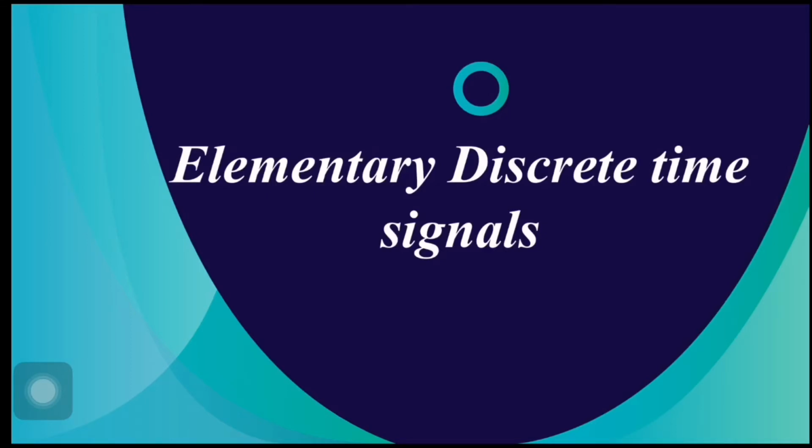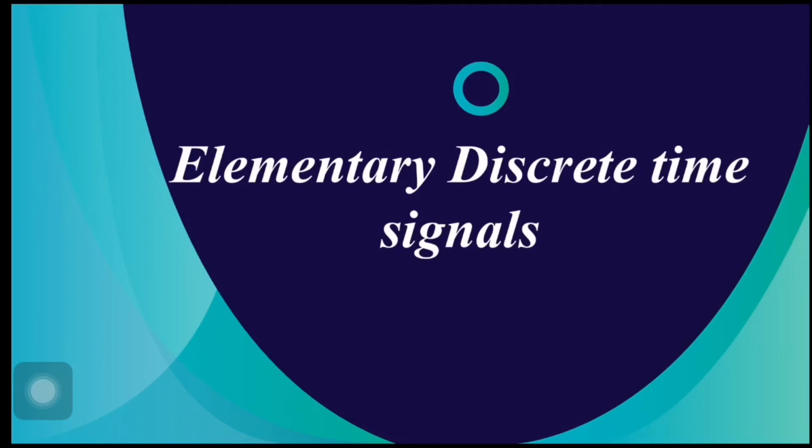Today I'm here with a session on elementary discrete time signals. Why are we studying this, or what is the significance of this topic in signals and systems? Any guess? Okay, let me explain. In fact, the characteristics of systems are studied by applying elementary signals to the input and analyzing the corresponding output.